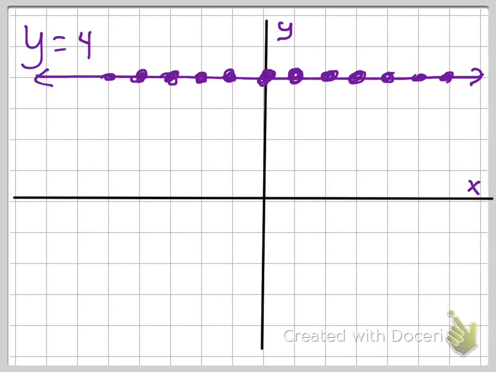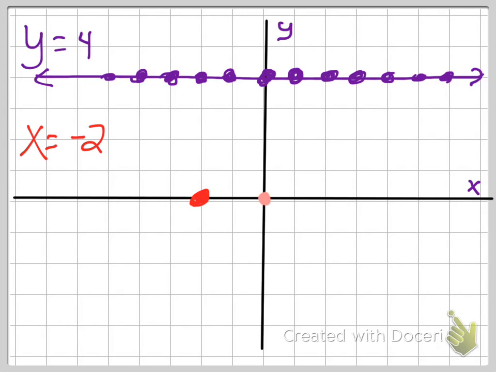Now, what would happen if I had x equals -2? I'm going to graph this on the same coordinate plane just to save a little bit of time. Well, if I'm on the origin and I'm trying to find the x at -2 on this line right here that I just highlighted in red, I can actually go left, -2, just like on a number line.